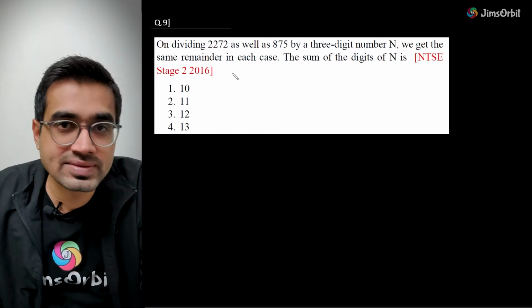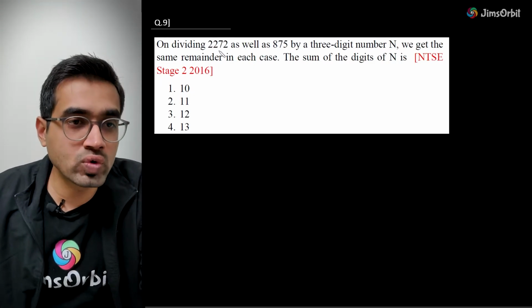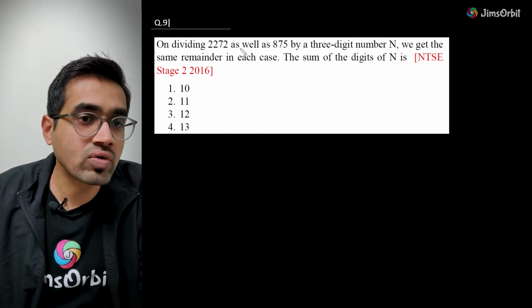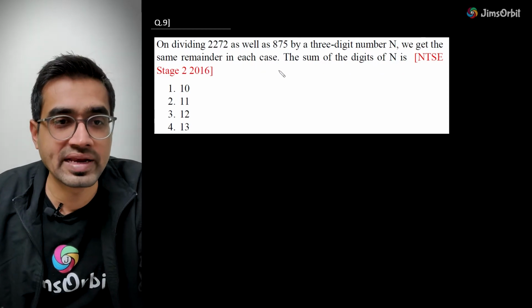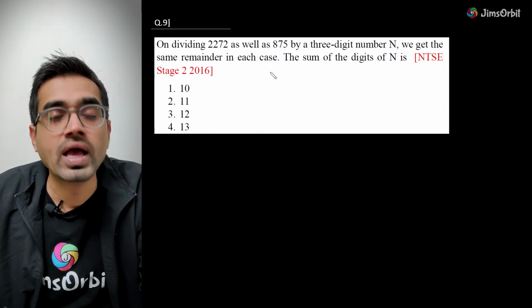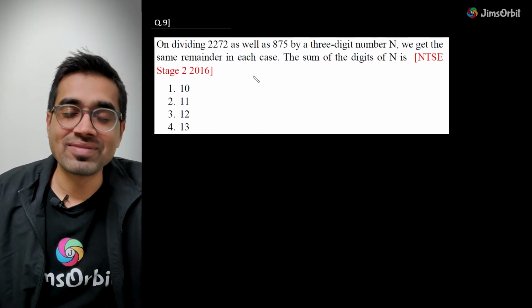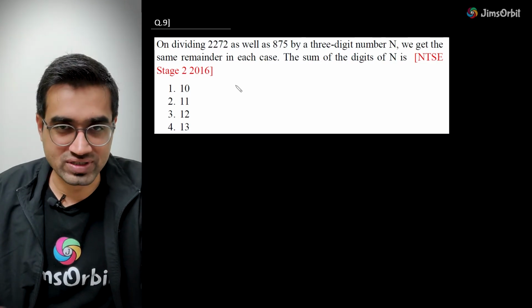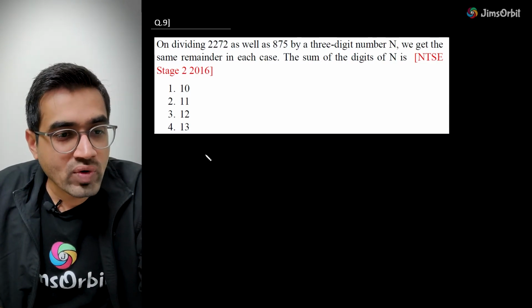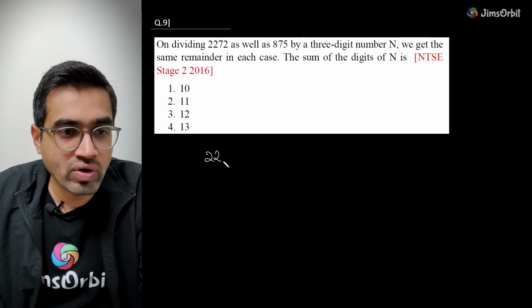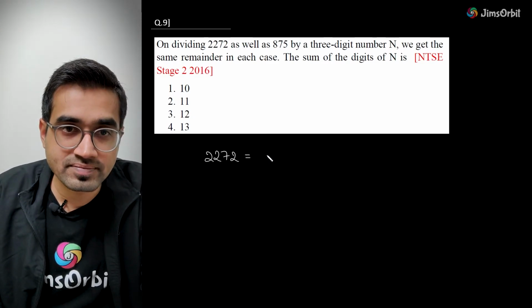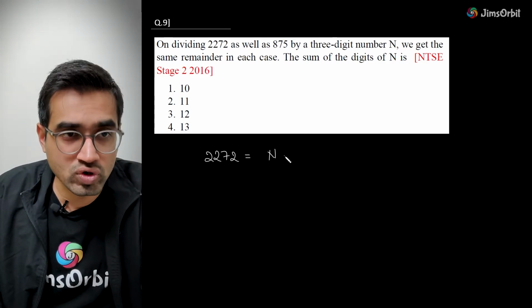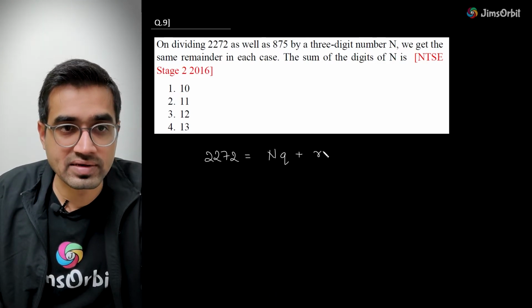In this question it is being said that on dividing 2272 as well as 875 by a 3-digit number, we get the same remainder in each case. Very good question again. I told you already these are all good questions. So listen carefully. You are dividing 2272, so dividend is equal to divisor into quotient plus remainder.